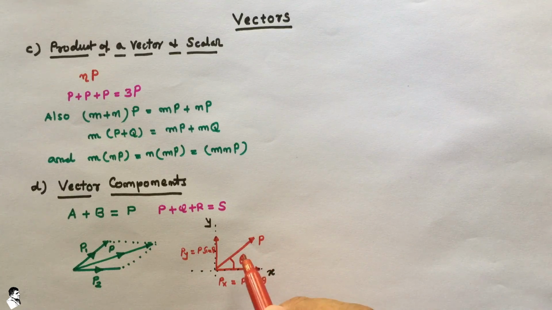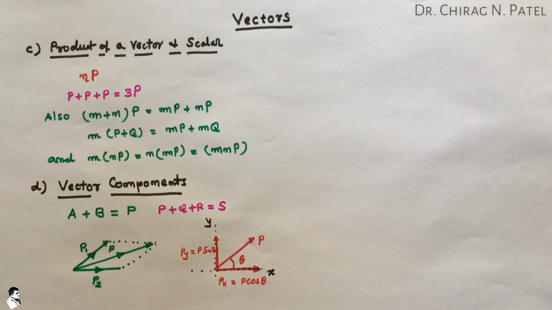So here P is one vector, and we take two orthogonal parts of it, that is Px and Py. So we can write theta is equal to tan inverse of Py by Px.